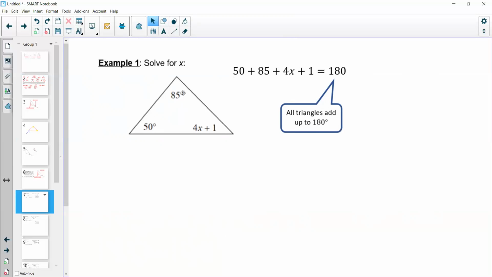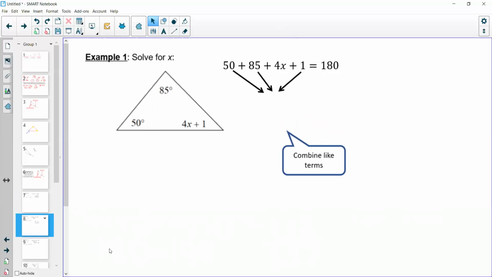So we put 50, this angle, plus 85, this angle, plus 4x plus 1, this angle, equals 180. Then we're going to combine our like terms. Underneath the arrows, I'm going to do 50 plus 85 plus 1. Well, 85 plus 50 is 135, plus 1 is 136.